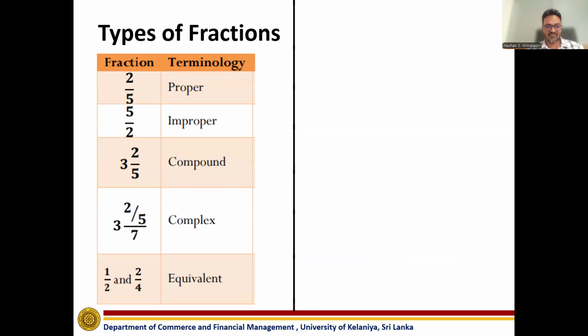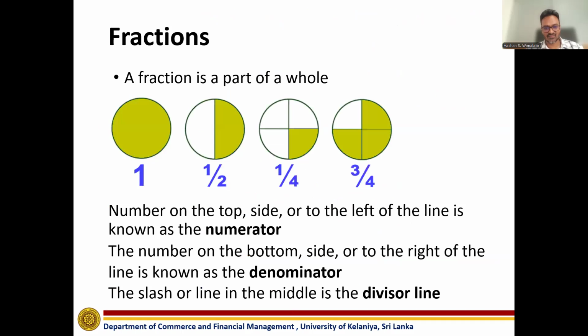And the next thing is fractions, right? A fraction is normally how we identify part of a whole. It means if you have one and we divide it into pieces, then normally we recognize this as a half, this as 1 out of 4, then 3 out of 4, the colored area, right?